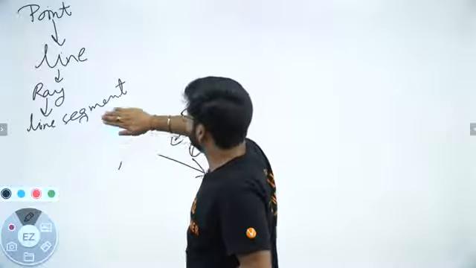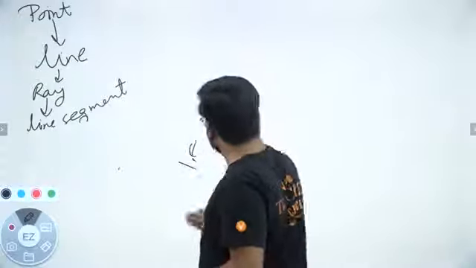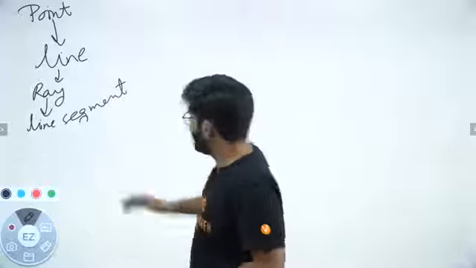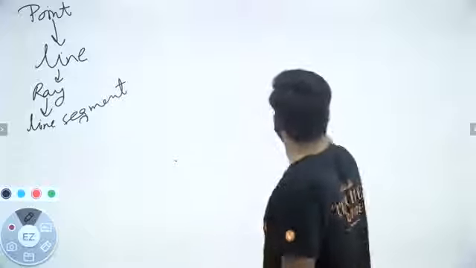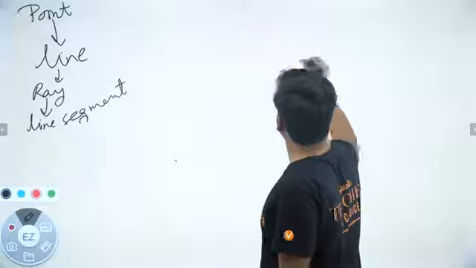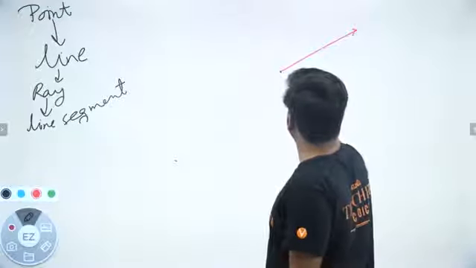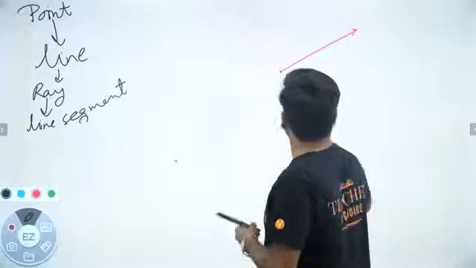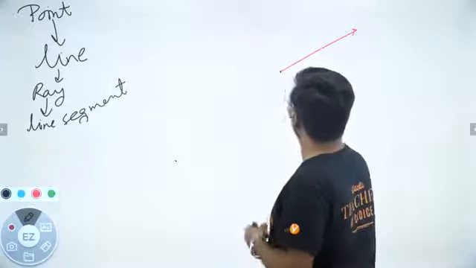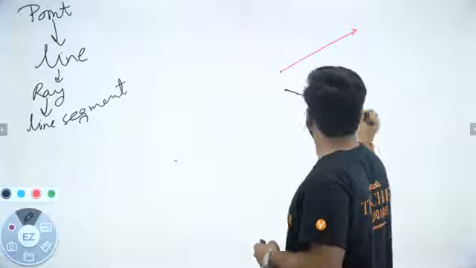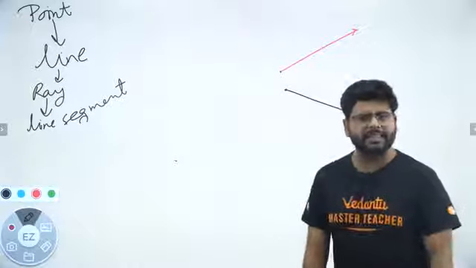We have discussed ray, we have discussed line segment. So, abhi kya hai? Let us suppose I had two rays. This one and let's suppose this one. I have got two rays.